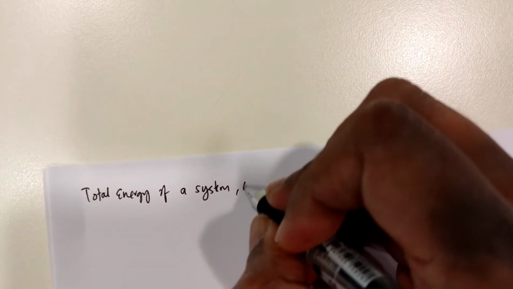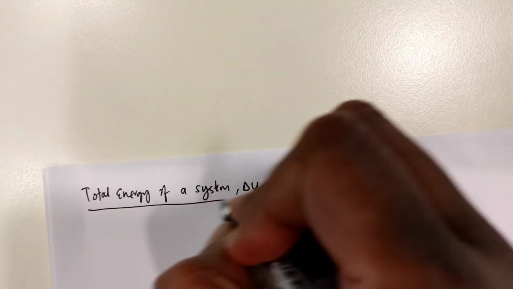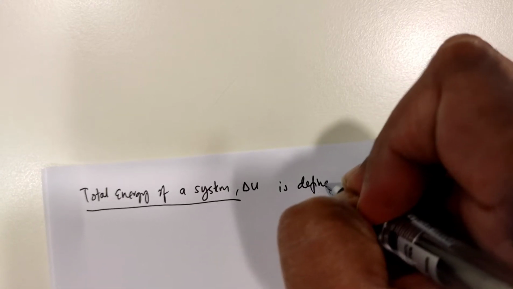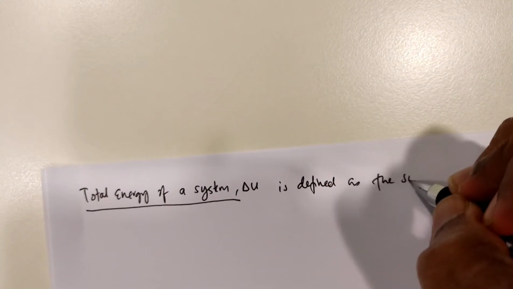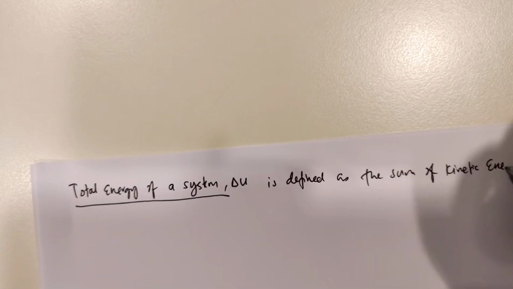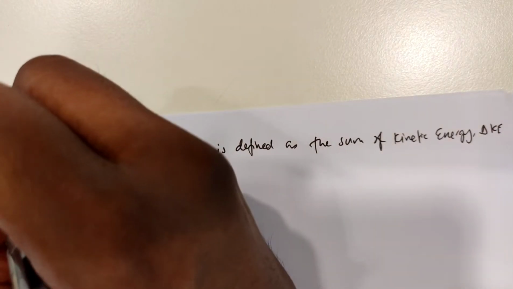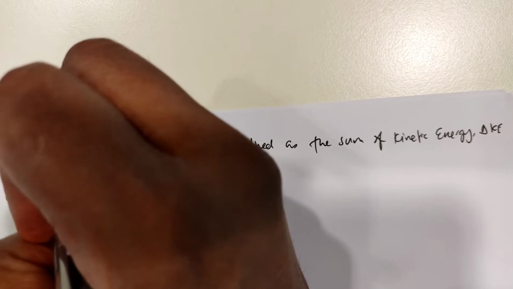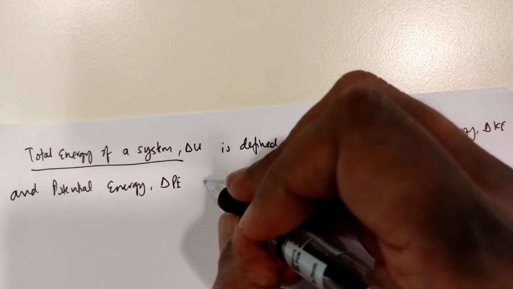So I'm going to explain what the total energy of a system, delta U, is. The definition: it is defined as the sum of kinetic energy, delta KE, and potential energy, delta PE, of a system.